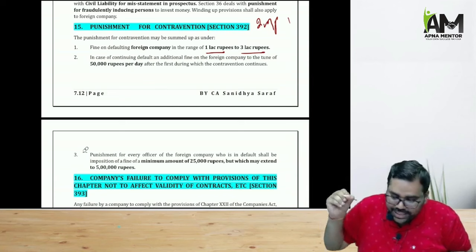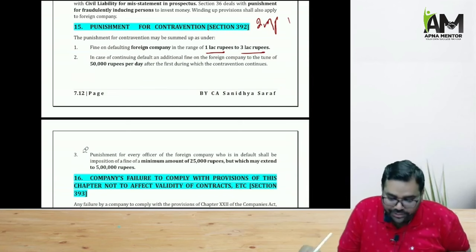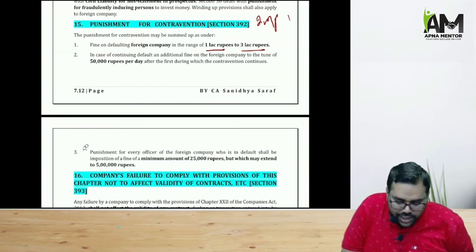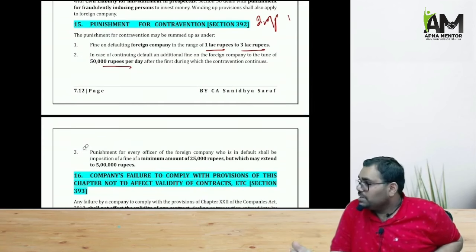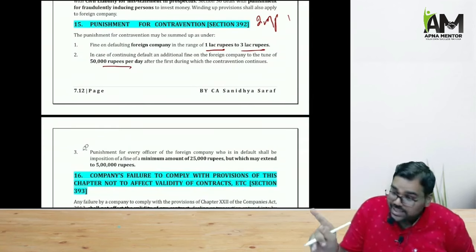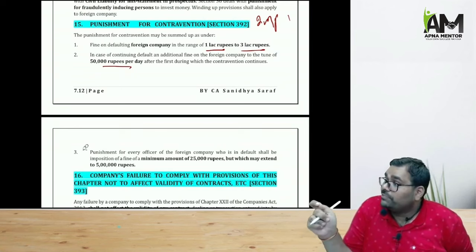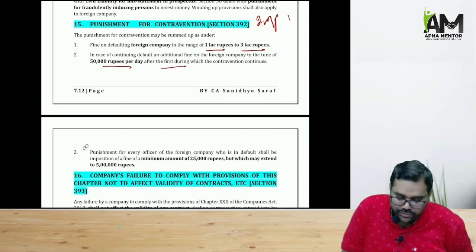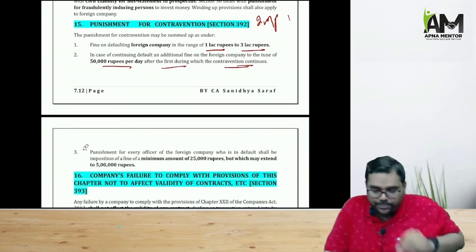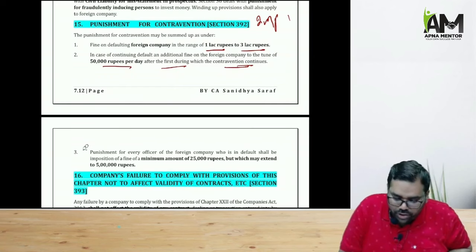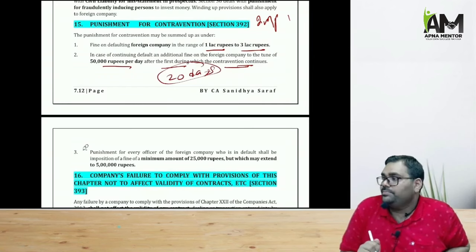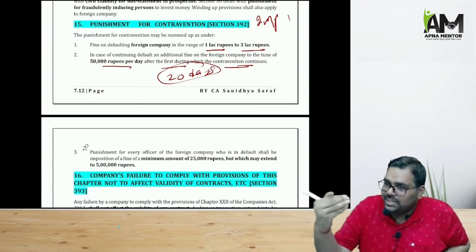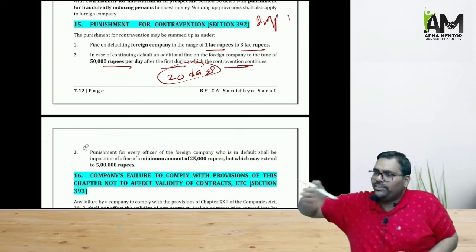So in case of continuing default, an additional fine on the foreign company of 50,000 rupees per day after the first, be careful, after the first day during which the contravention continues. It means, let us say there is a continuing default for 20 days. You don't count the first day. First day chhod denge, after the first. Means there is a default, after that per day we are going to levy penalty.